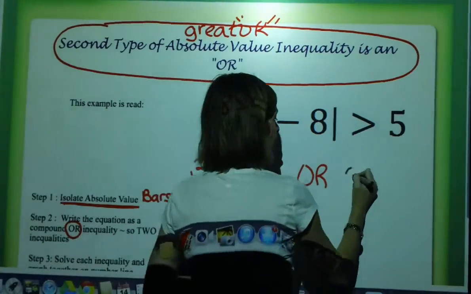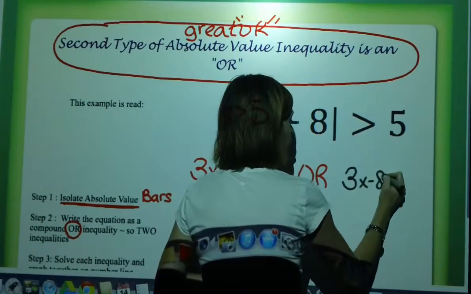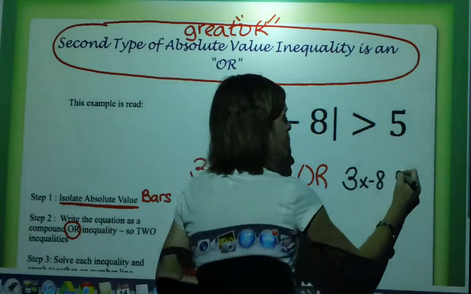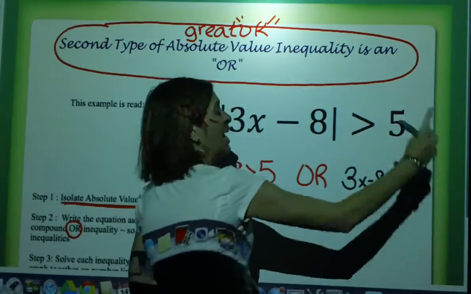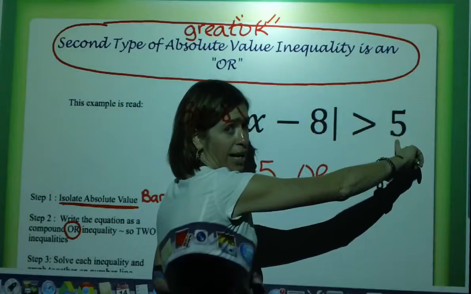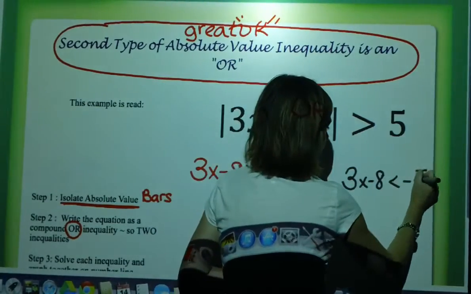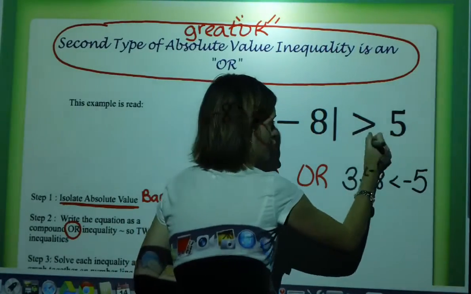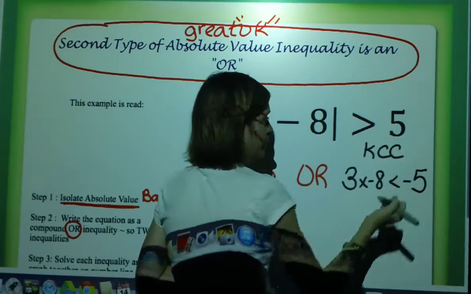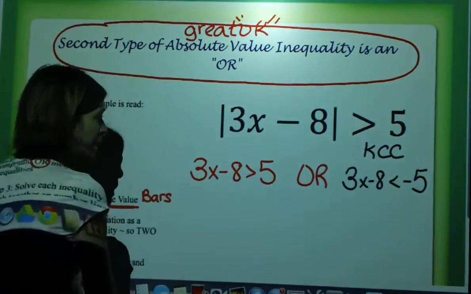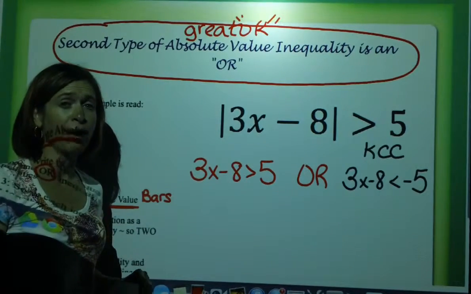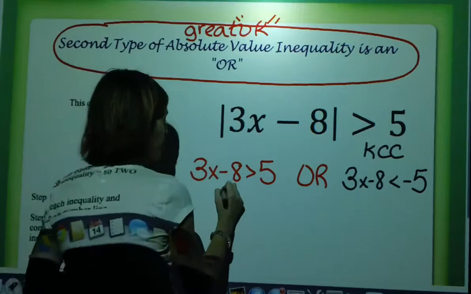You keep what's inside the absolute value bars, you change the direction of the inequality sign, and you change the 5 to negative. So you keep, change, change. You KCC it. Now you've got an or compound inequality and you solve.